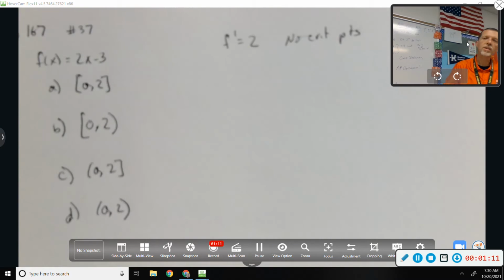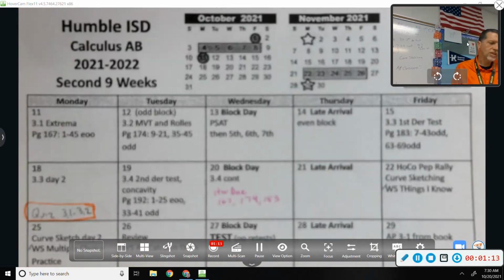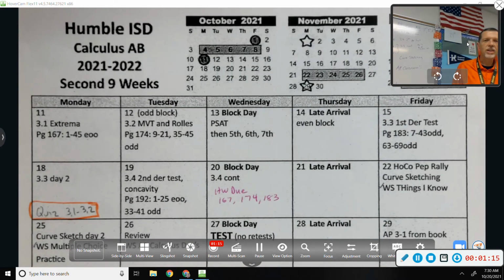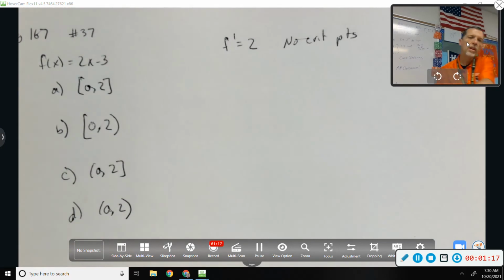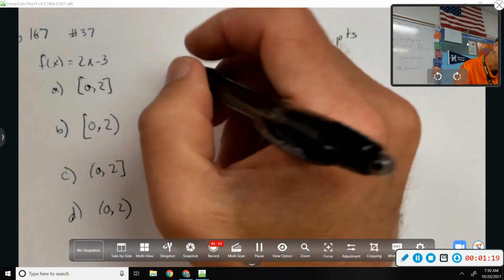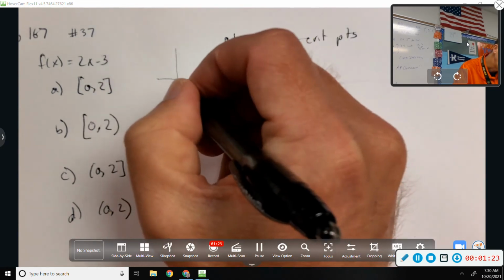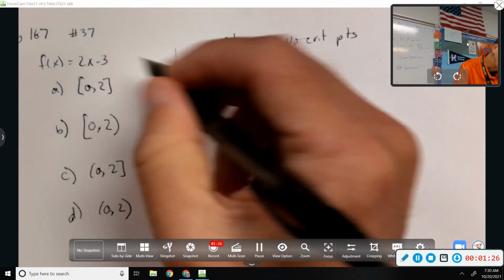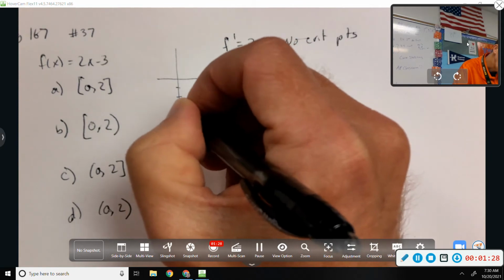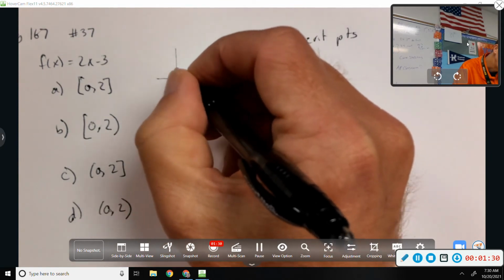Oh no, my camera doesn't want to focus. There we go. So let's graph these. 2x minus 3, so begin at negative 3 and go up 2 over 1.